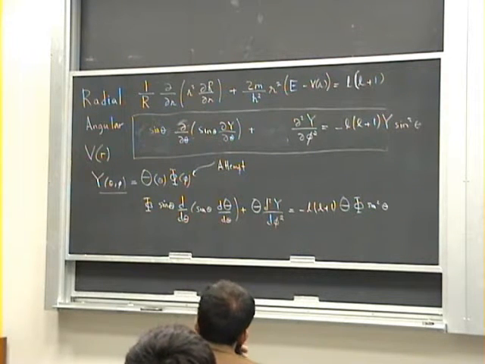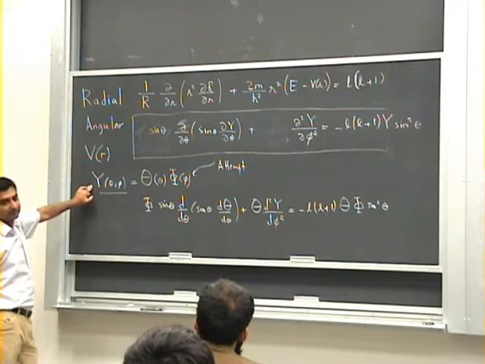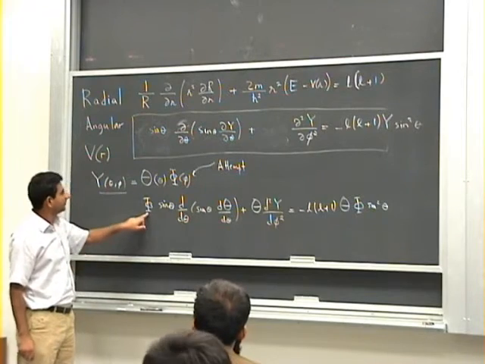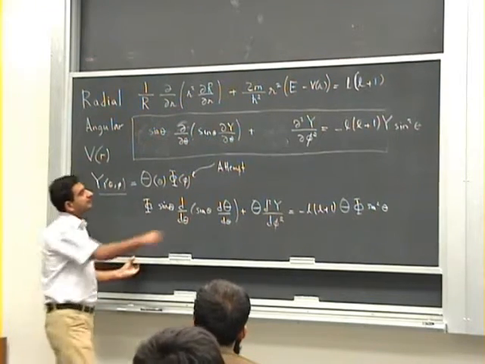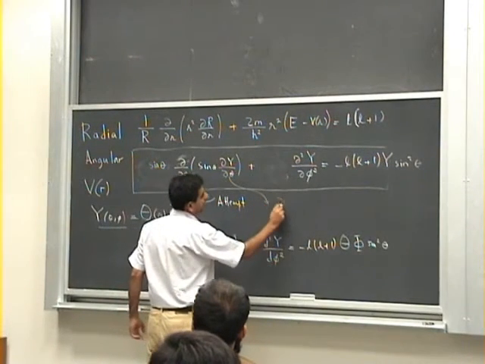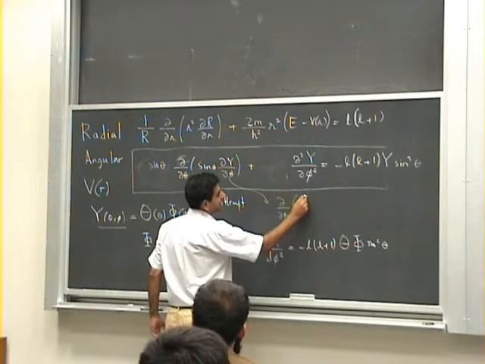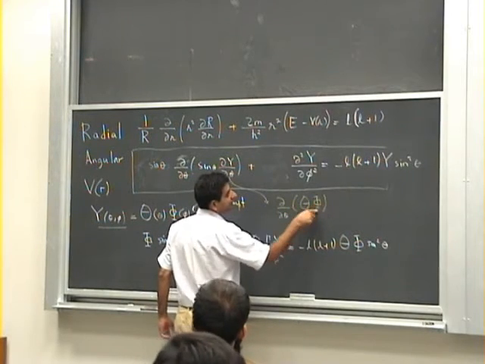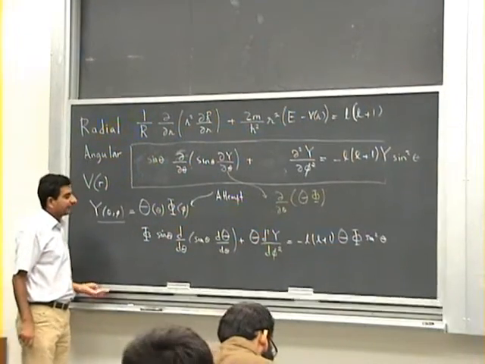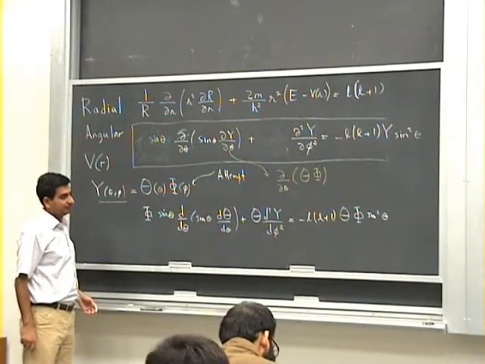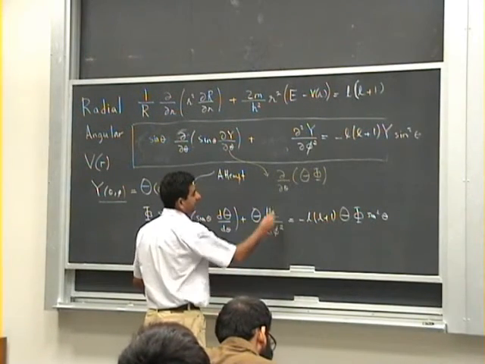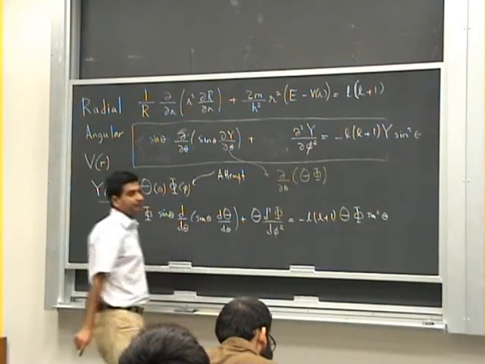Now I would like to divide both sides by Y, by Theta into Phi. How does this come? Because this partial Y over partial theta is partial theta, Phi. So this Phi is a constant, so it just comes out. It's here. Now I divide both sides by capital Y. And of course there is a Phi squared here.